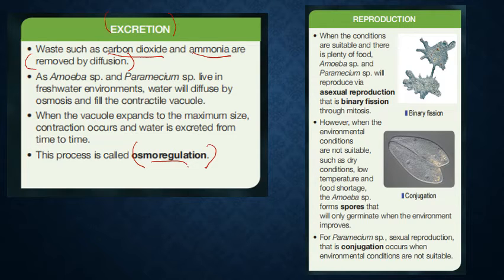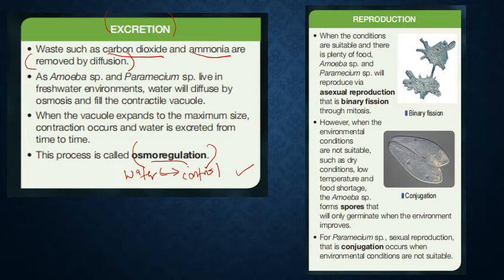Osmo comes from the word water, and regulation means you control, so you control the amount of water in the cell. Because amoeba does not have a cell wall, if there is too much water inside, it will burst. Therefore they need to expel excess water.